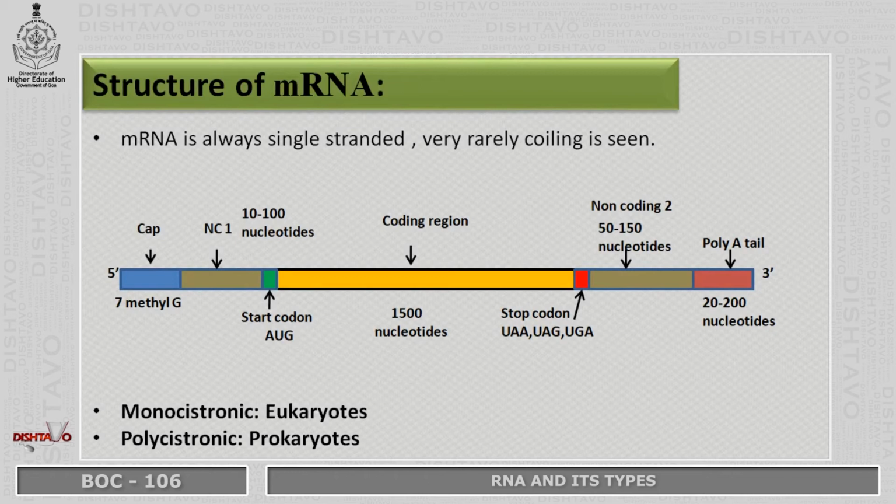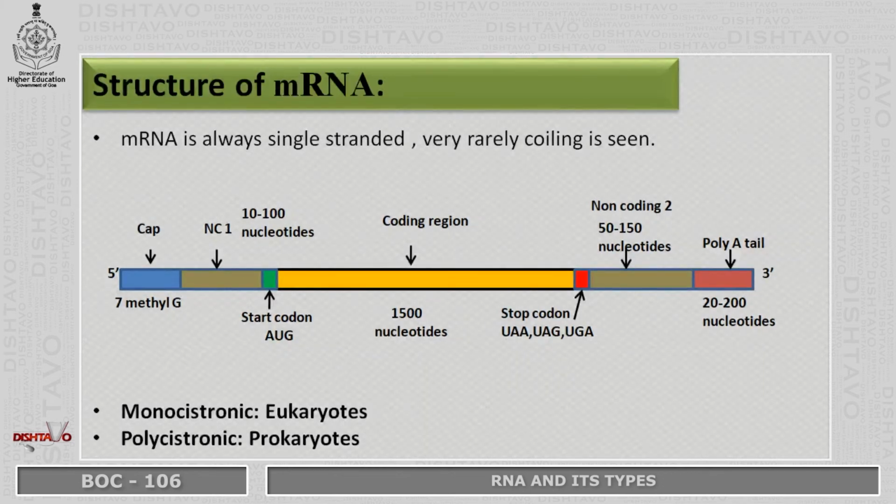In between NC1 and the coding region, there is a start codon which is AUG. And in between the coding region and non-coding region 2, there is a stop codon which is normally UAA, UAG or UGA. At the 5' end in eukaryotes, there is a cap which is normally a methylated nucleotide.